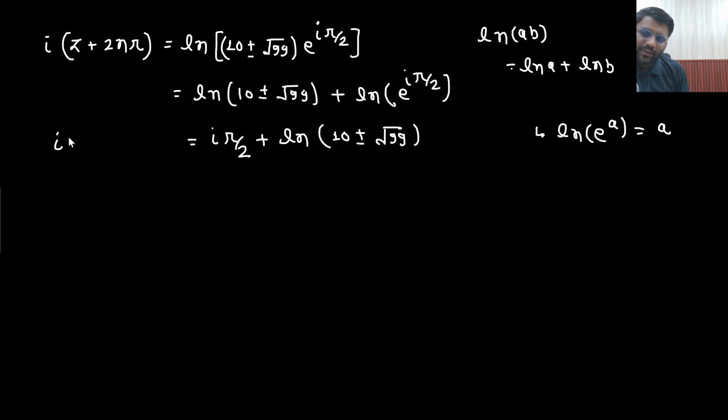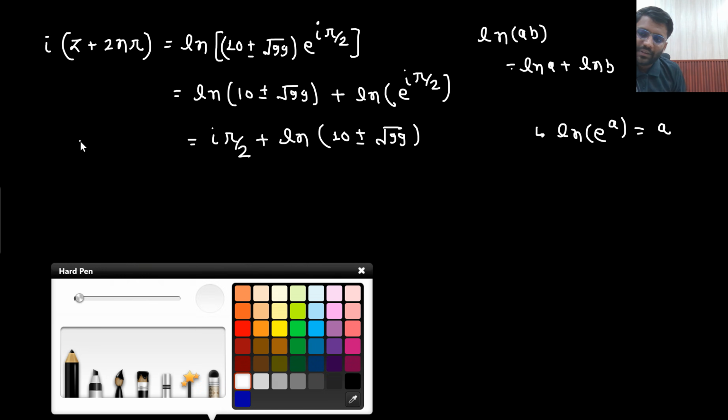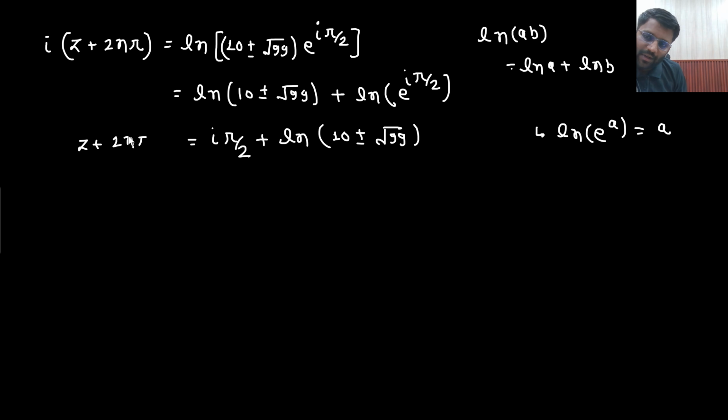Which is coming out to be equivalent to iota z plus 2n pi. Now here I am keeping z plus 2n pi, and I am dividing by this iota, dividing this iota here, and here. So what we are getting, z will be equivalent to, iota iota get cancelled out, pi by 2.